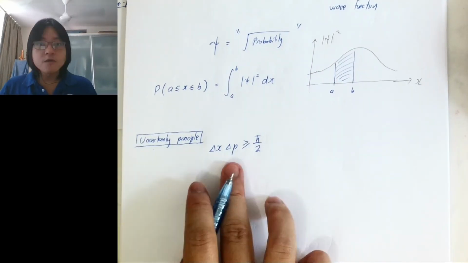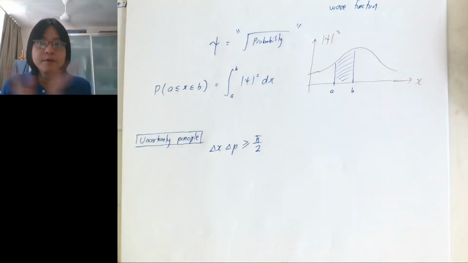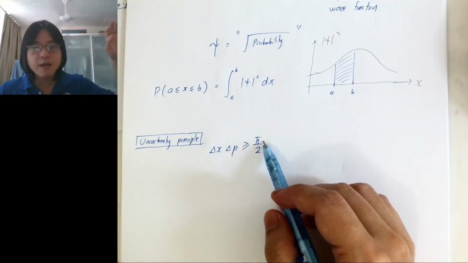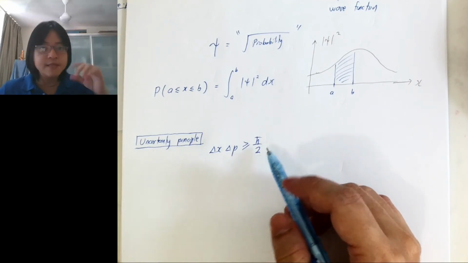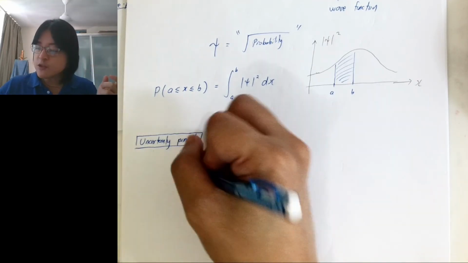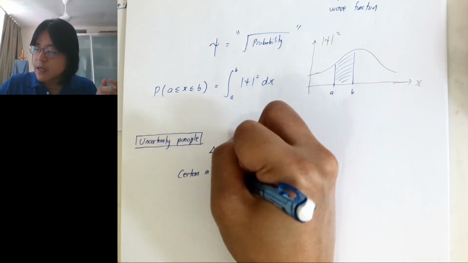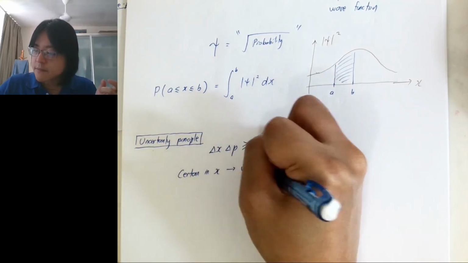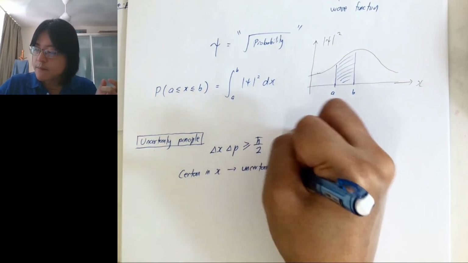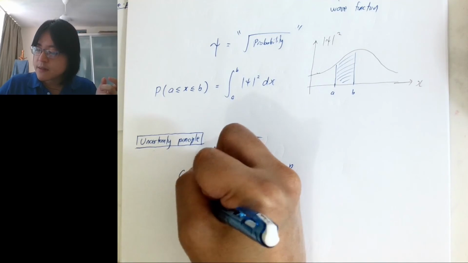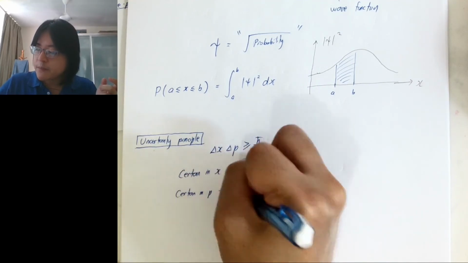Okay, so the product between those two must be greater than a non-zero number. H bar is a small number, but it's not zero. So if you want to be certain in x, it becomes uncertain in p.